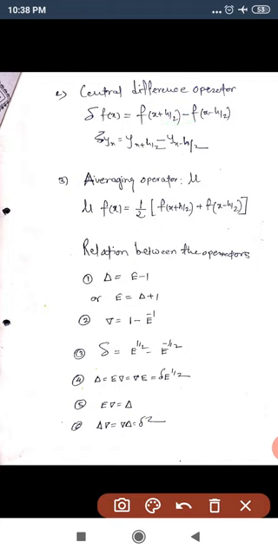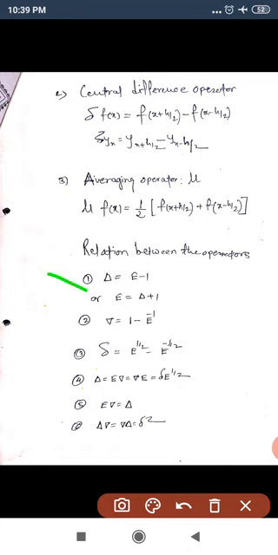Now relation between the operators. First, the relation of the forward difference operator with the shift operator: del is equal to what, e minus 1. We can also prove this: del of f of x equals f of x plus h minus f of x, and f of x plus h is e of f of x, so e of f of x minus f of x.